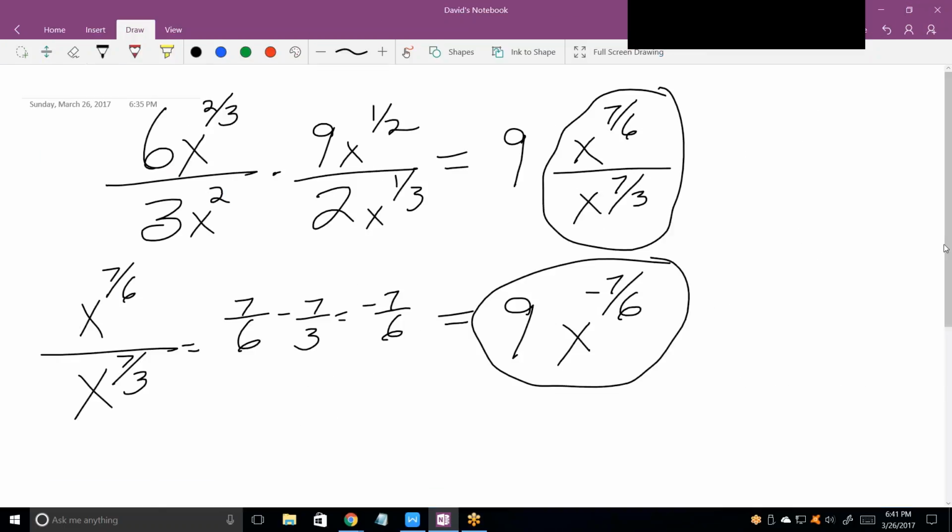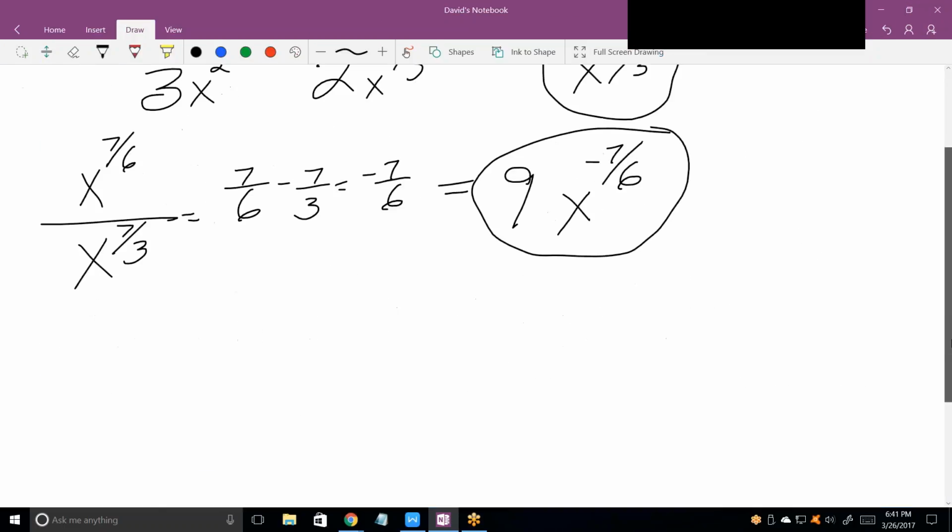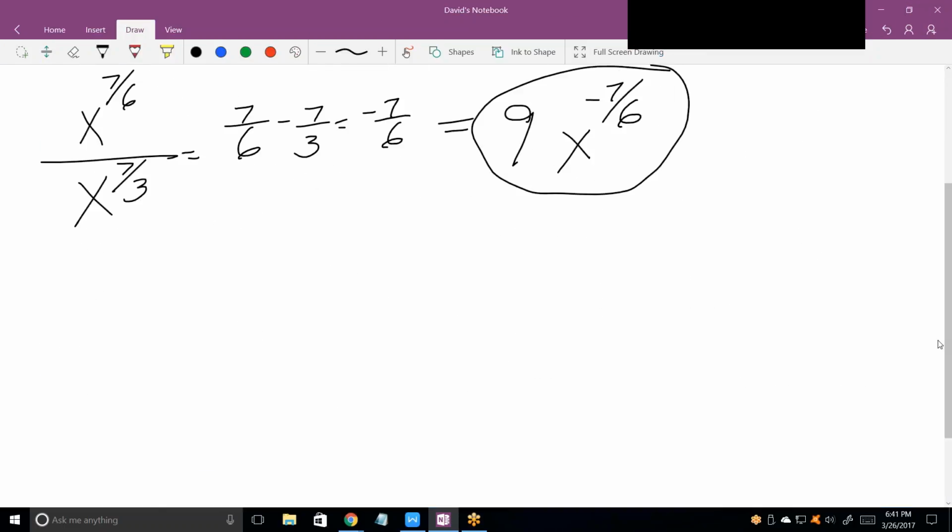So how do I turn that into a positive exponent? What do I have to do to make that a positive 7/6? Put it on the other side of the fraction bar. That's it in a nutshell.